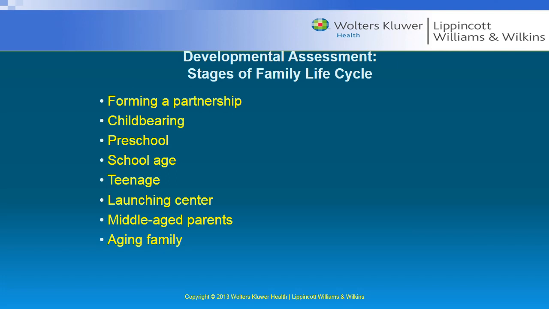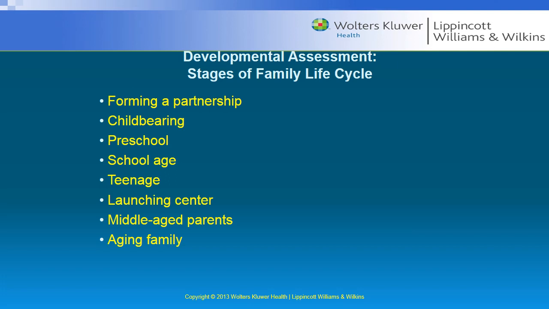The preschool age is where the oldest child is 2.5 to 6 years of age. So the parents are adapting to the needs of the preschool child in growth producing ways. So anticipatory guidance is necessary to help them as the child goes through the developmental stages, and encourage the partners at this time to make time for each other. The school age stage is where the oldest child is 7 to 12 years of age.